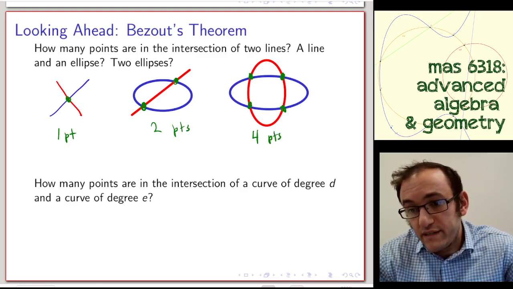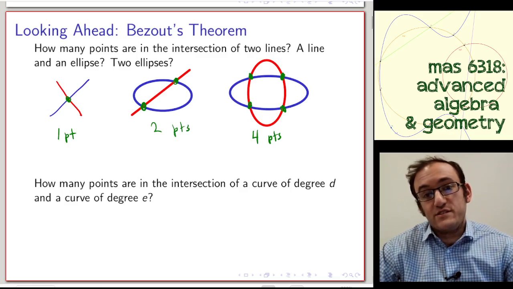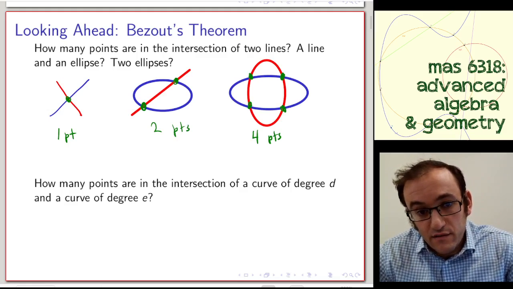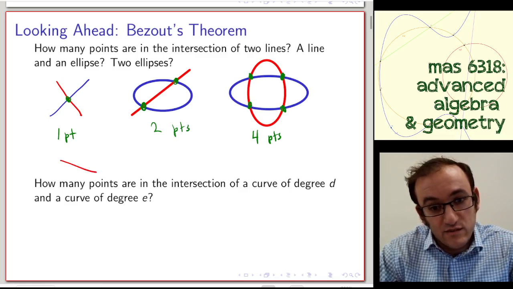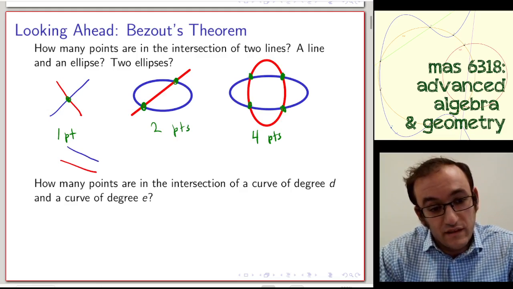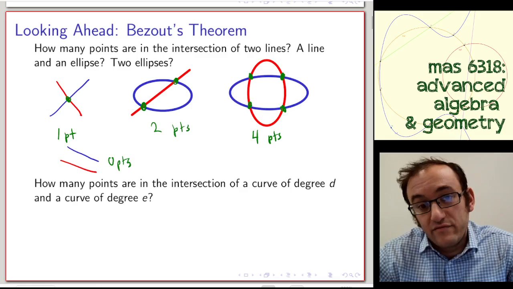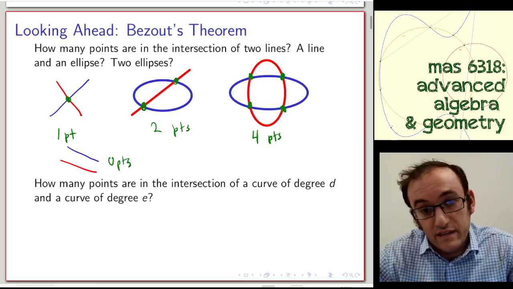Okay, but just by looking at these pictures, you can easily convince yourself that these aren't the only cases, right? We've got, for instance, the case where our 2 lines are parallel. In that case, we have 0 points. You might also have your ellipse and your line being non-intersecting.